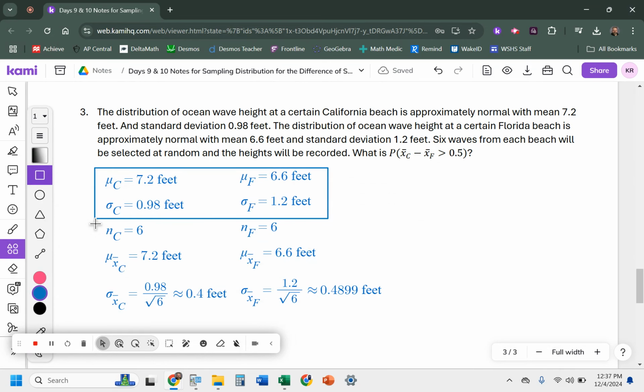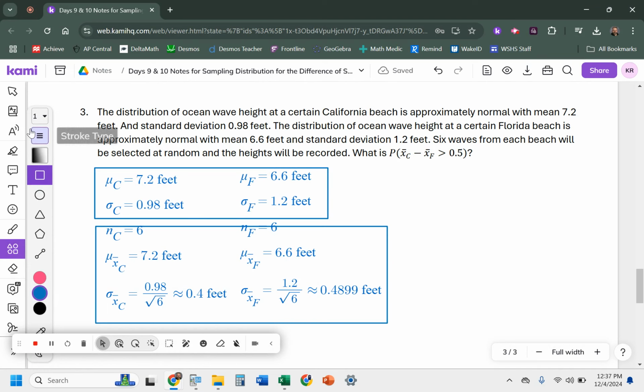And so these are the things for my sampling distributions of sample means.